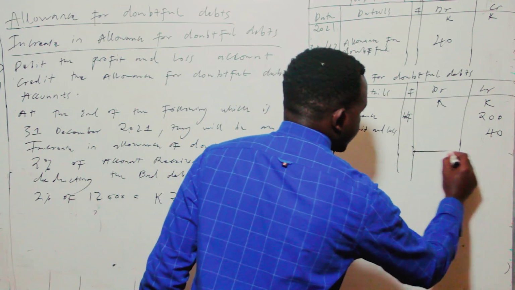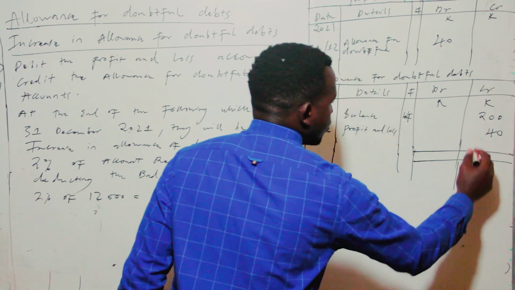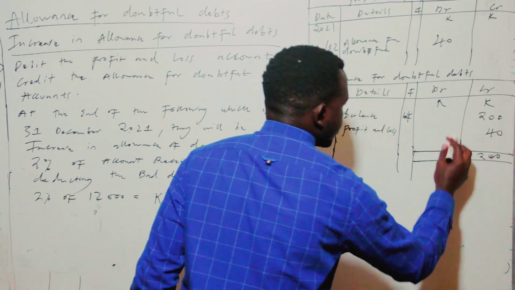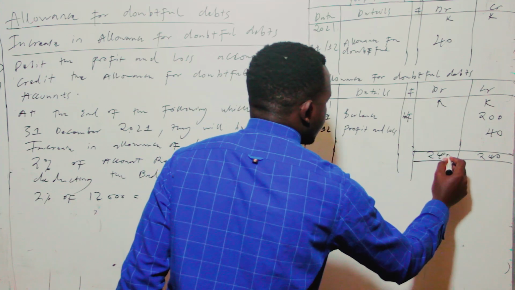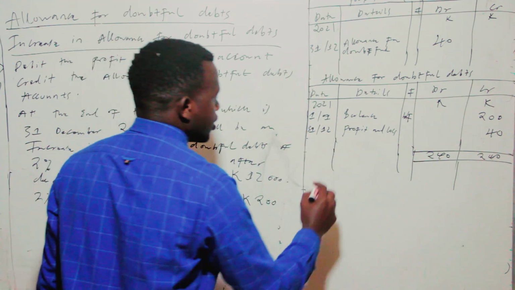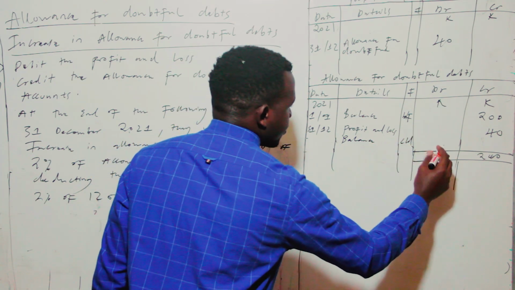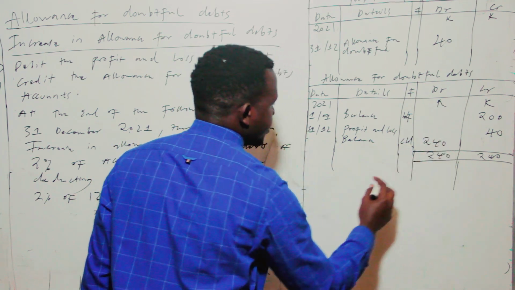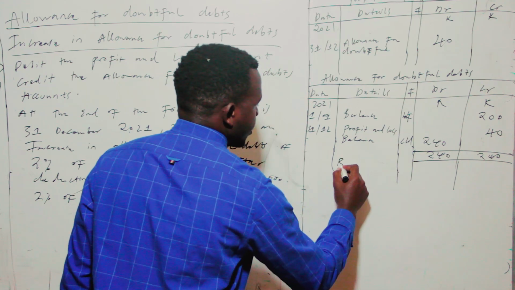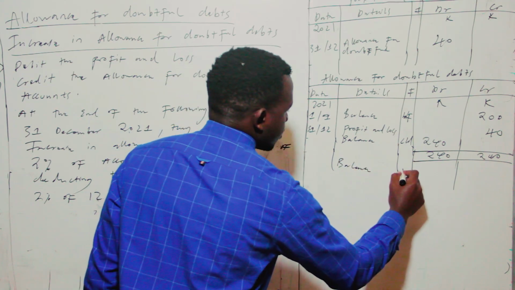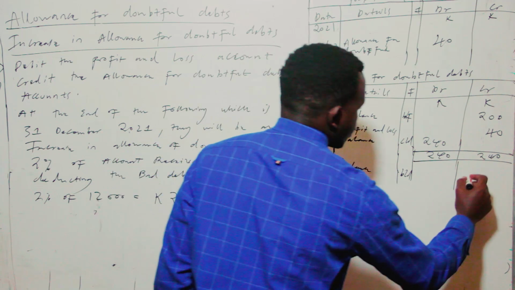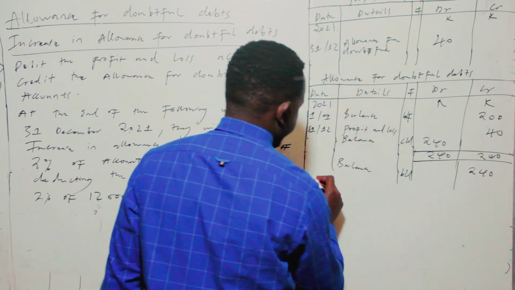So there we can find the total, which means we're going to have 240 on the credit side and 240 on the debit side. So we are supposed to find the balance carried down, which will be 240 on the debit side, and the balance brought down, which is 240 on the credit side.